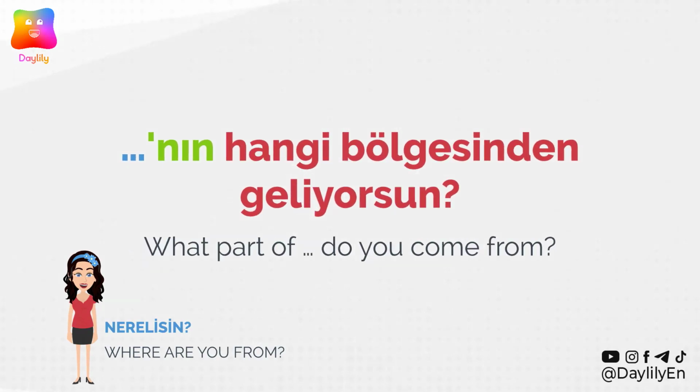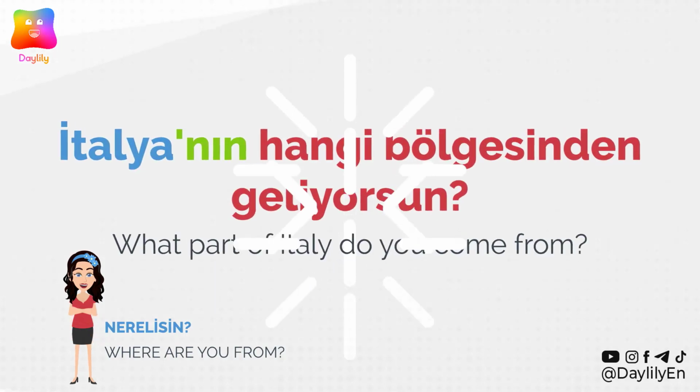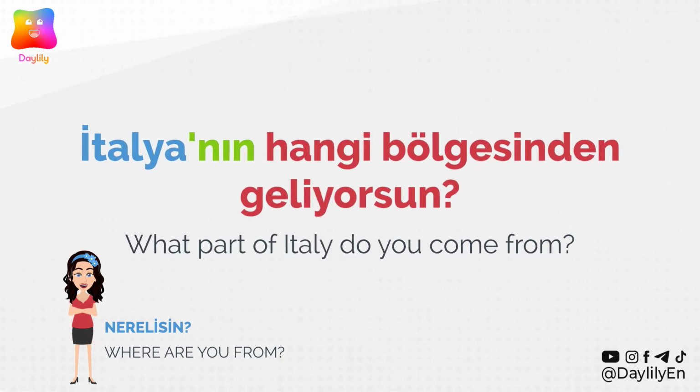What part of blank do you come from? And in Turkish we say nın hangi bölgesinden geliyorsun? So before the suffix nın, we need to say the country. So let's say, what part of Italy do you come from? İtalya'nın hangi bölgesinden geliyorsun?